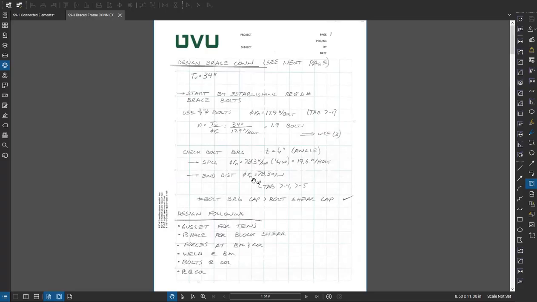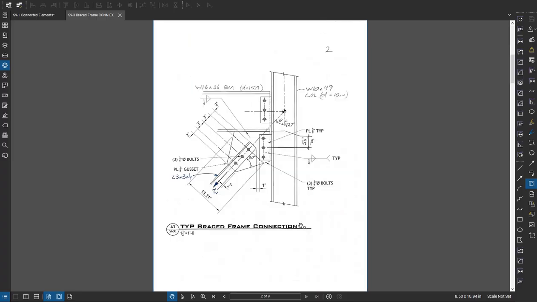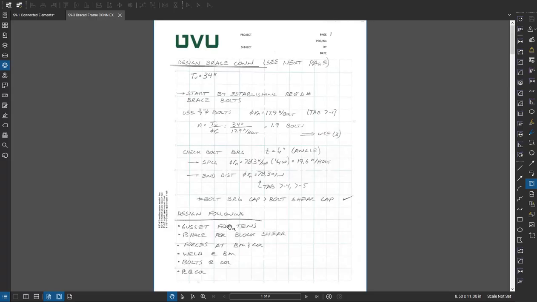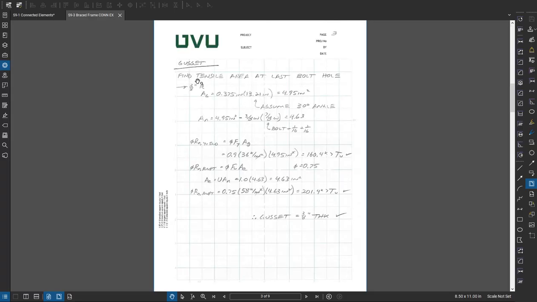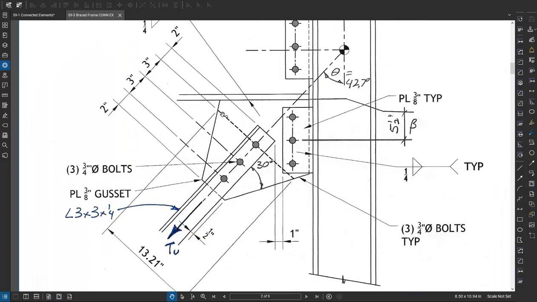Anyways, next I check bolt bearing and find that I'm totally fine with 2 bolts, but I'm going to still keep it with 3. Then I jump into the gusset. So I need to find the tensile area at the last bolt hole. So that's this dashed line, and there's a theory called the Whitmore stress block, which says the forces will transmit at about 30 degrees from the axis of the force.